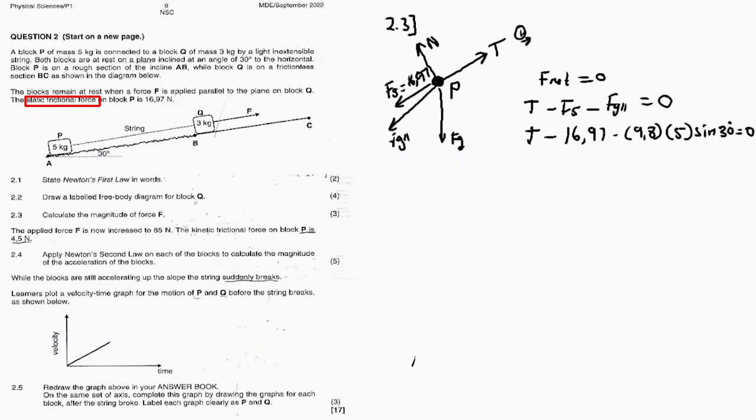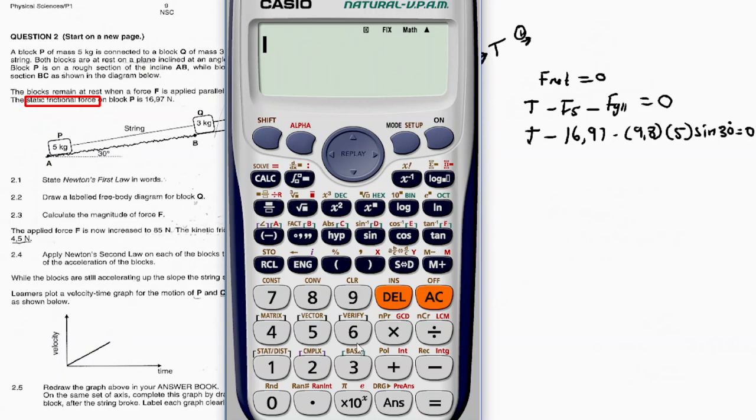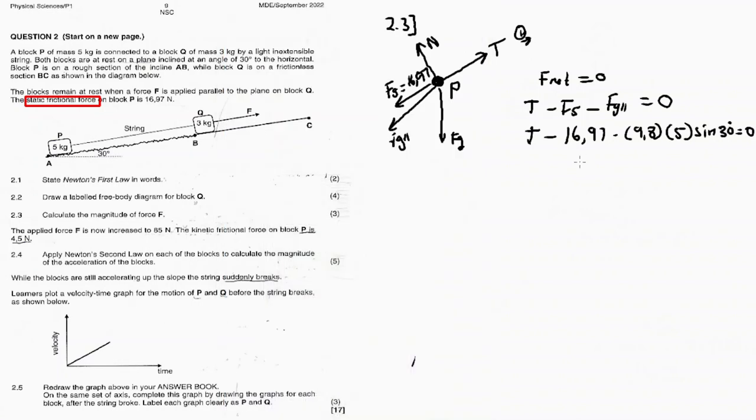Then simplify again. So T minus 16.97 minus, this is negative as well, so it's negative, 9.8 times 5 times sine 30 degrees equal to minus 41.47. So T is equal to 41.47 newtons, right?